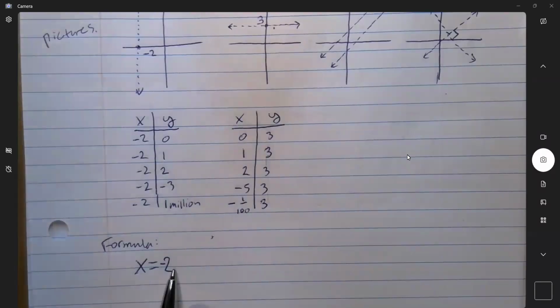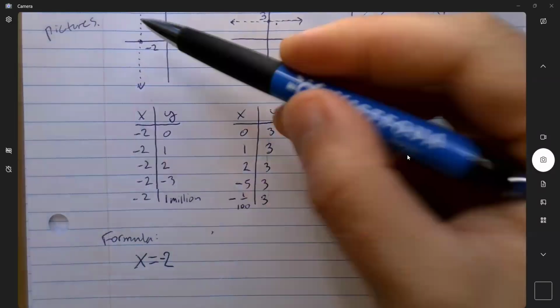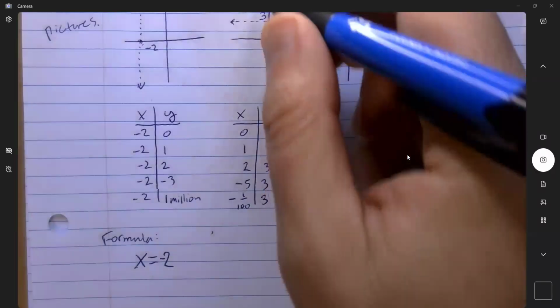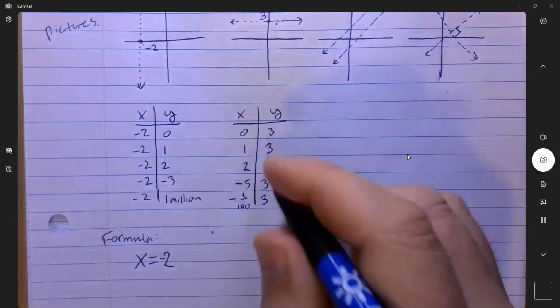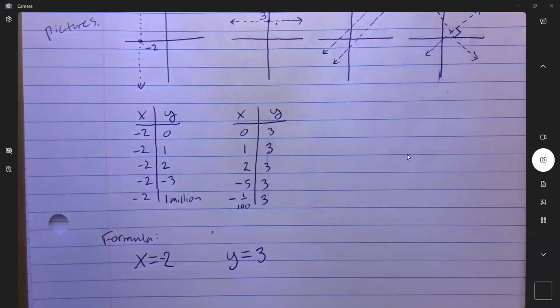So x equals -2 is the equation for a vertical line that touches at -2. And in my horizontal line, notice that the y is always 3. So the equation for the line is y equals 3.